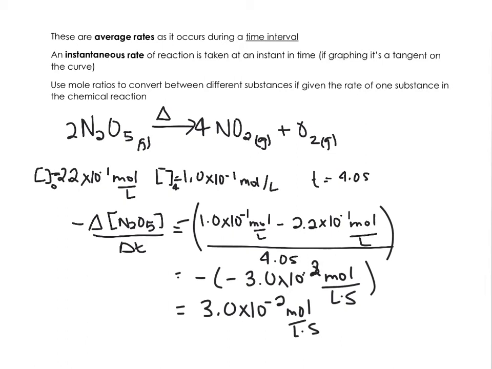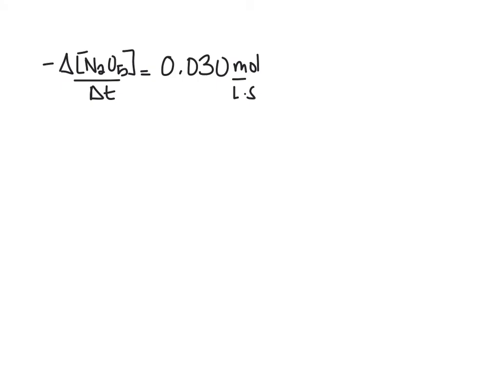Now what if I want to know the rate at which nitrogen dioxide is forming? What you do there is you just take your rate of change and multiply it by your mole ratio. The rate of change of dinitrogen pentoxide was 0.03, or 3 times 10 to the negative 2 moles per liter per second.